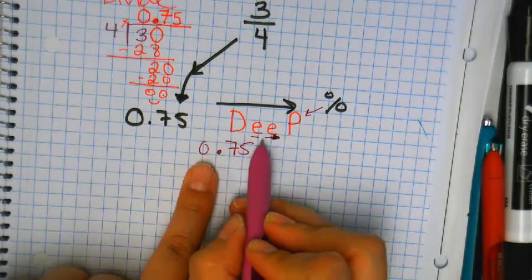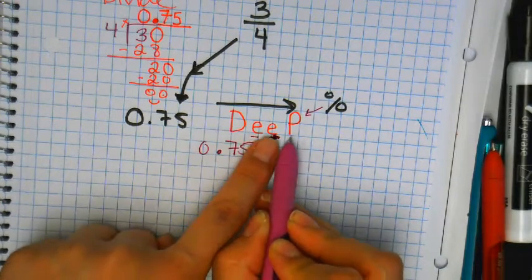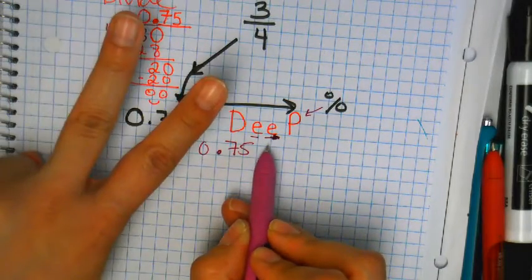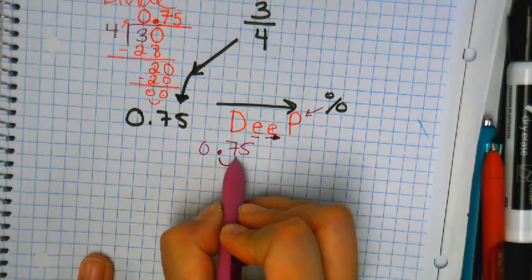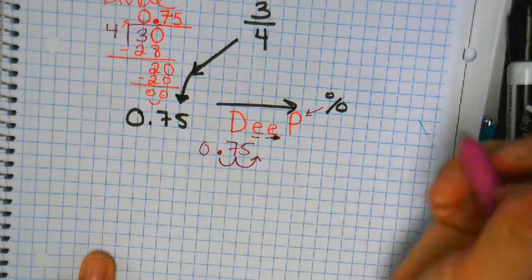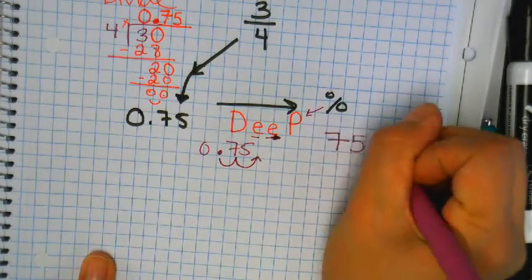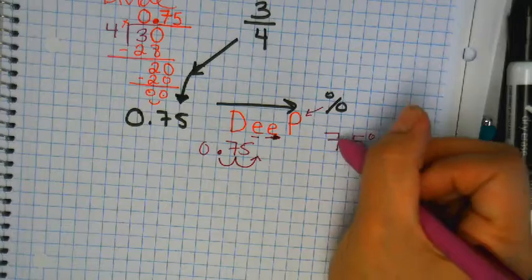Because there's 2 E's, and I'm going from D for decimal to P for percent, I'm going to move my decimal 2 times to the right. So we're going to move this 1 and 2. So my percent is 75%.